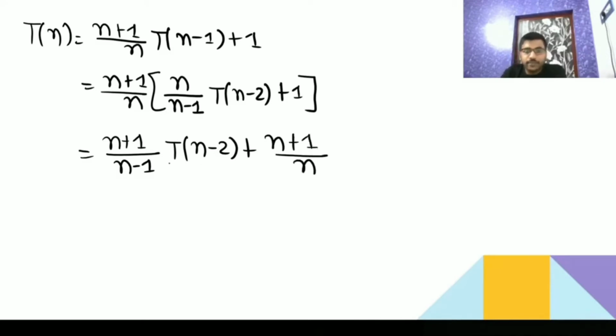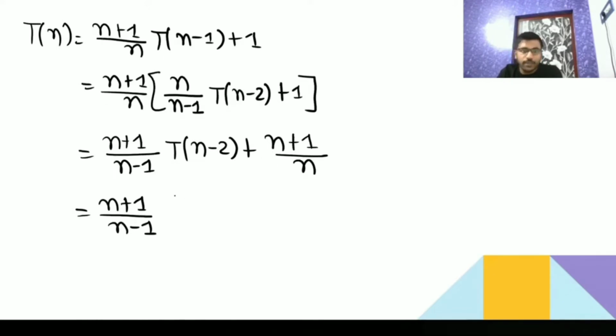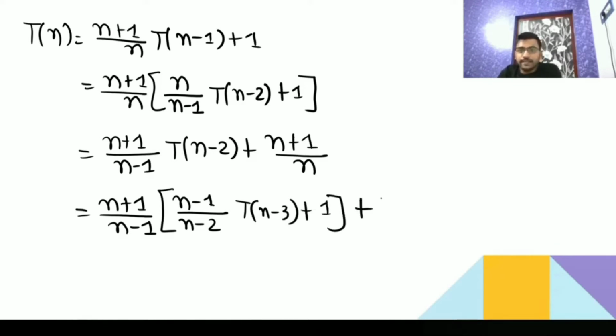Similarly, in place of Tn minus 2, you substitute what you got: n minus 1 by n minus 2 times Tn minus 3, plus 1. Write n minus 1 by n minus 2, then Tn minus 3 plus 1, and this thing you write as it is, n plus 1 by n.